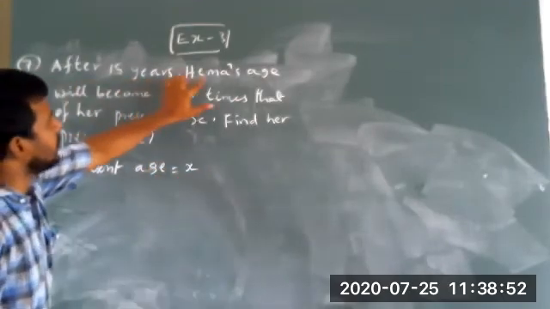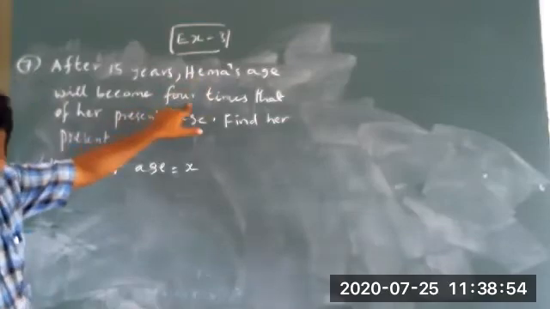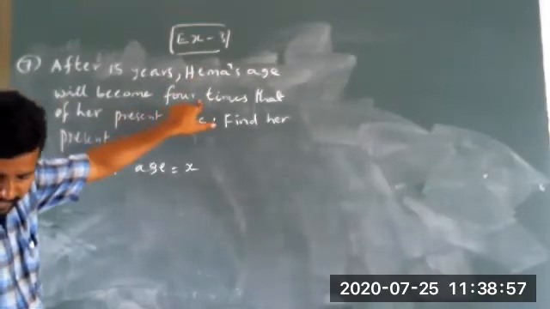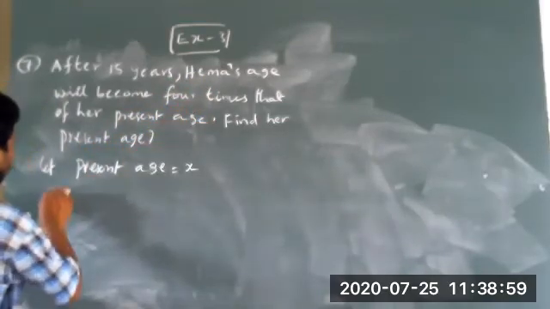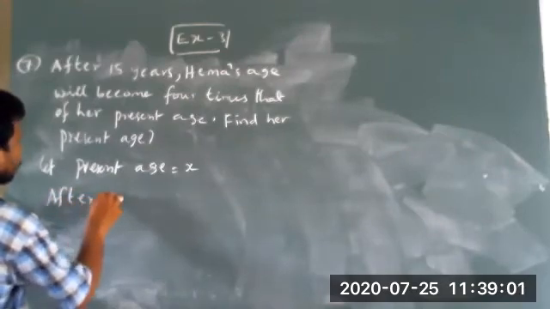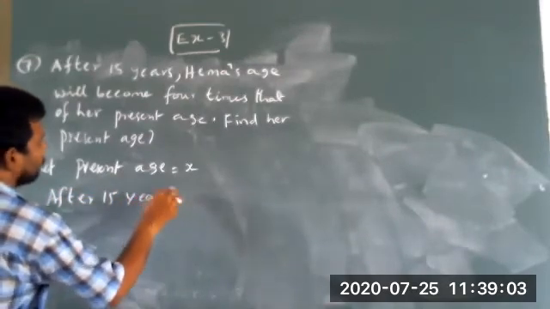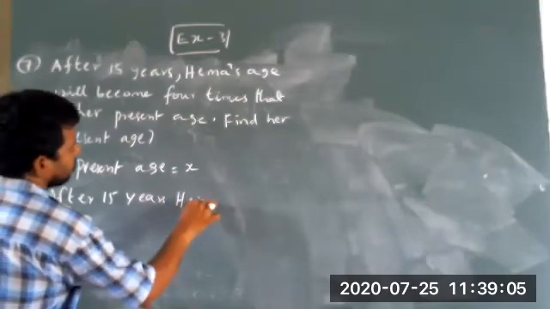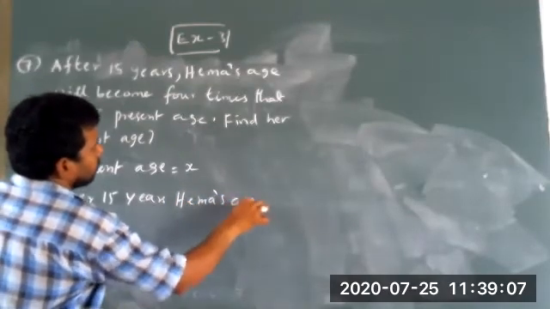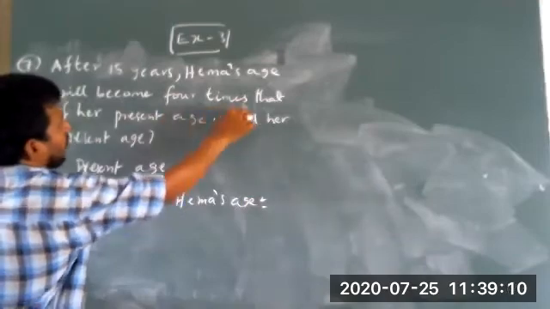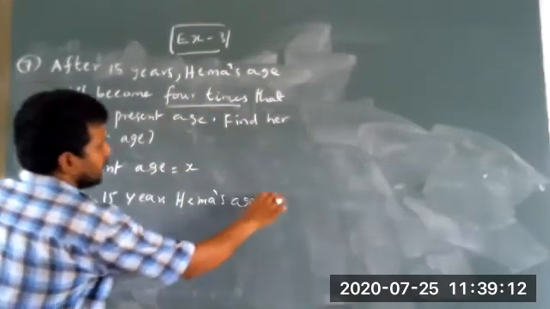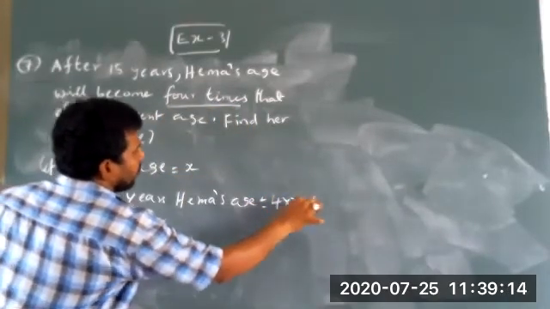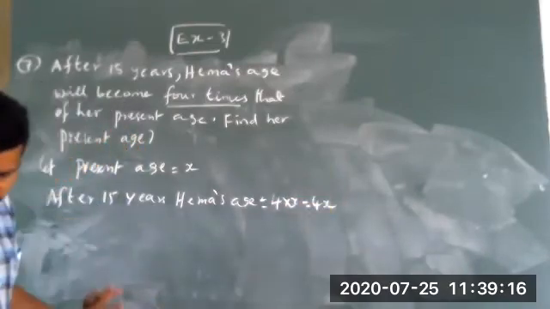After 15 years, Hama's age will become 4 times of her present age. So after 15 years, Hama's age equal to 4 times. How many times, children? 4 times. That means 4 into x equal to 4x.